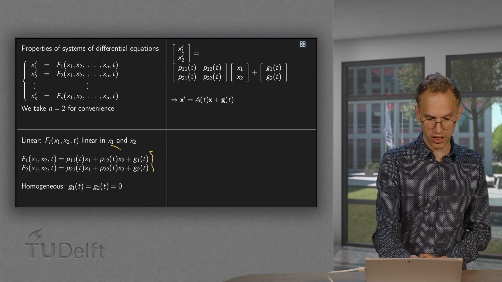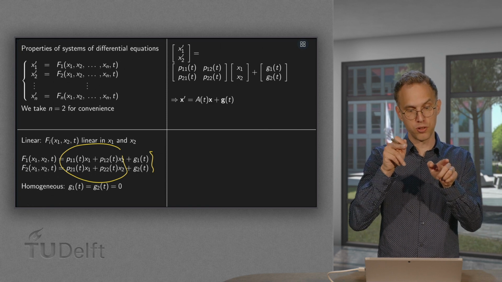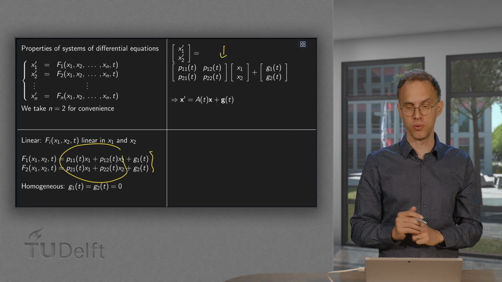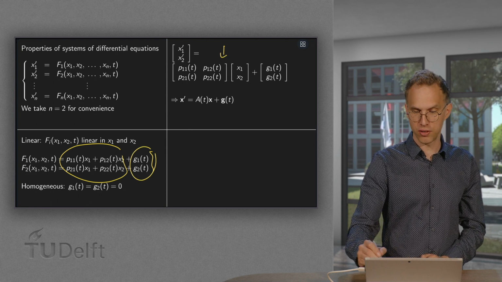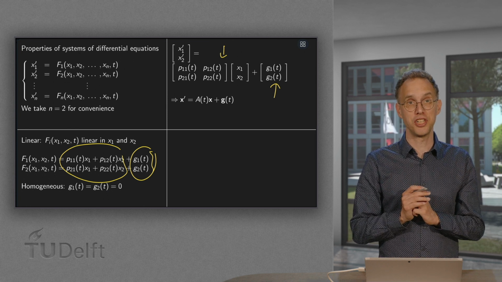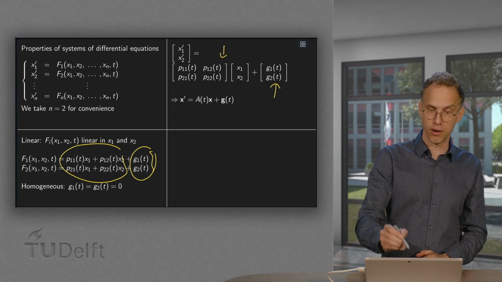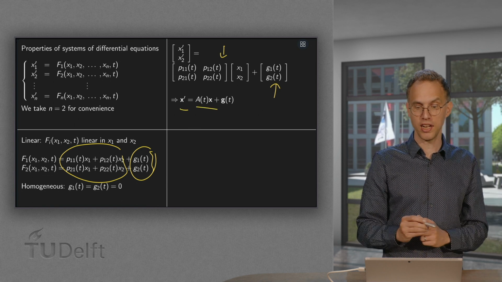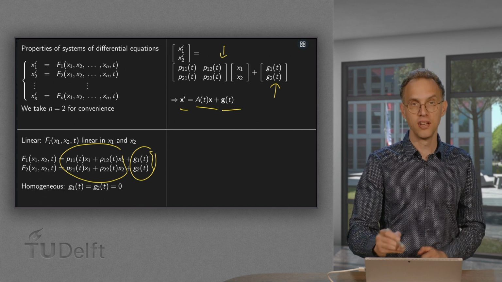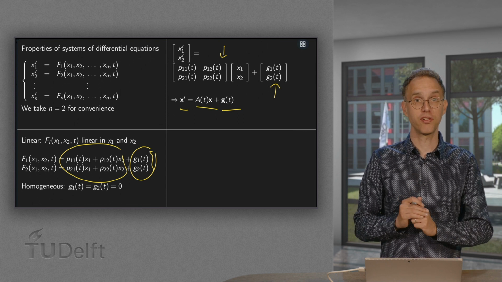And due to the structure here, we can write it as p11, p12, p21, p22 times x1, x2, plus some g1, g2 over here. So we can rewrite our system of differential equations, if we are linear, into the form x prime equals A times x, where A is a matrix depending on time, plus some vector g of t. So that will be the general form of our system of differential equations.